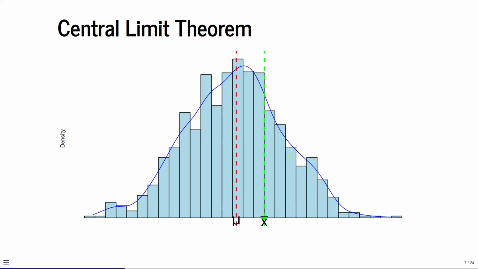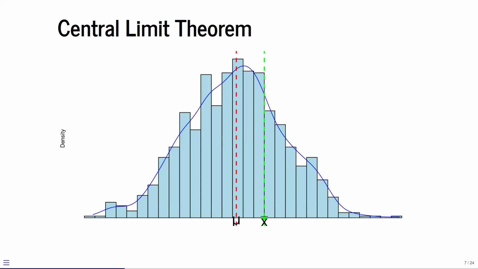If the sample means are normally distributed, and if we know the mean and standard deviation associated with that normal distribution, then we can talk about the probability of getting a sample mean within a certain range. For example, the probability of getting a sample mean within one standard deviation of the population mean is 68%, and within two standard deviations is approximately 95%.